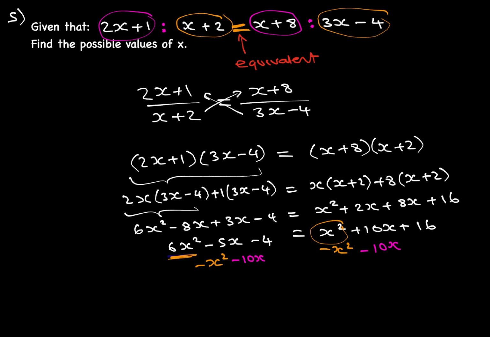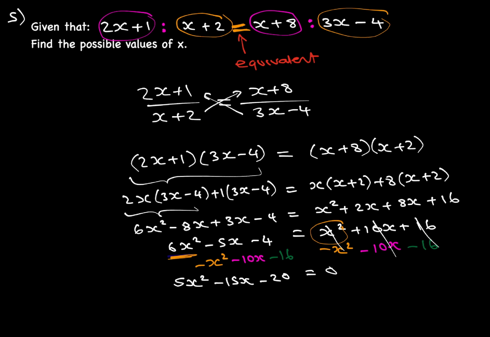And then finally, I am going to subtract 16. So I'm just doing it in one go. If you want to do it individually, you can do. 6x squared take away x squared is going to be 5x squared. Negative 5x minus 10x is negative 15x. Negative 4 minus 16 is minus 20. And obviously everything on the right hand side is just cancelled, so it should be equal to 0.